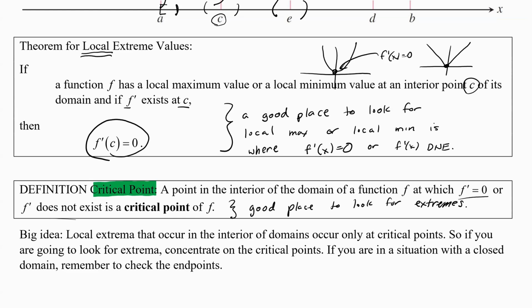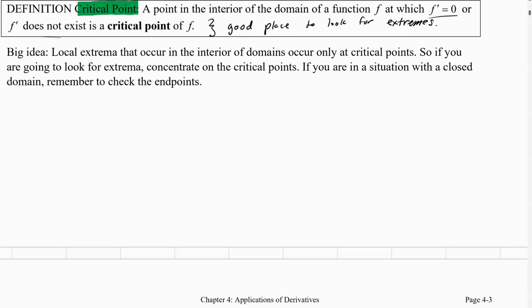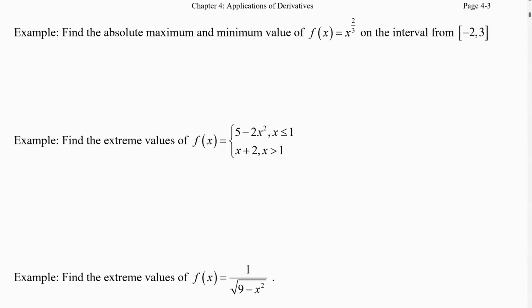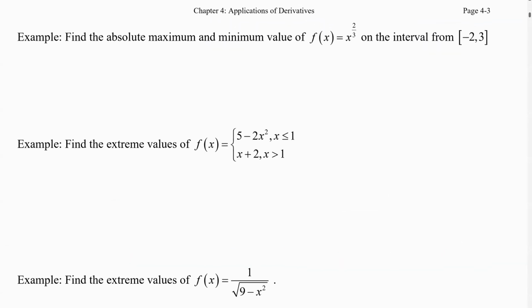All right. So, example, let's think about the absolute max and the absolute min of this function on this interval. Wait, I wonder, is this function continuous? Answer, yes. And if it's continuous, we are guaranteed that this function will have an absolute max and an absolute min.